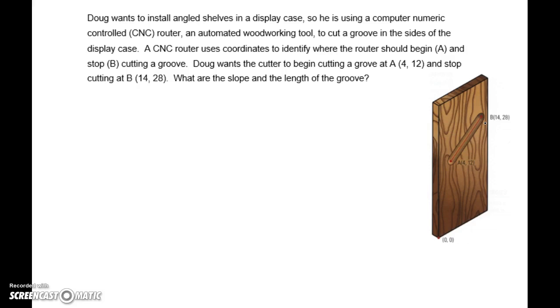So this one here is a two-part question. The first part here is they are looking for your slope, and then in the second part they're looking for the length of the groove. So how long is it from point A to point B? In our first part, we're going to be looking for our slope. And if you're ever stuck trying to figure out which part of your rate of change formula you should use, you really need to look at the information that you're given.